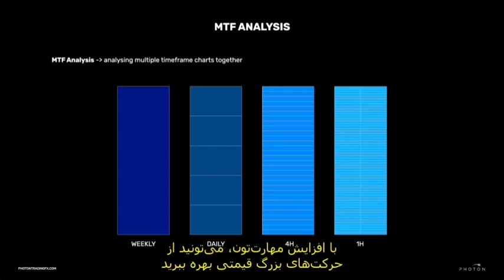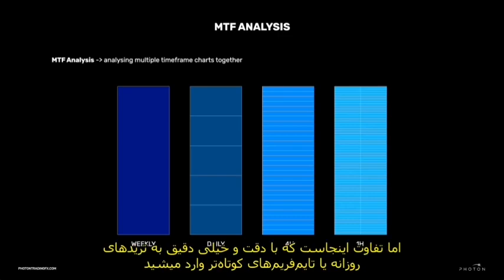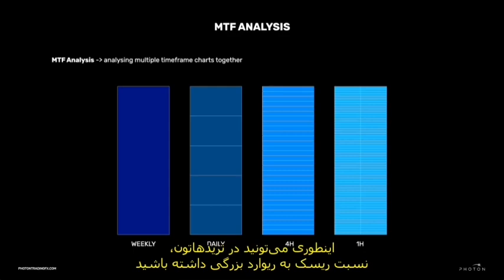Developing the skill is going to really allow you to capture those huge higher time frame moves, potentially those weekly or even monthly runs, but you are entering with the accuracy and the precision of timing your entry on the intraday timeframes, those lower timeframes, even all the way down to the seconds timeframes, and that's how you achieve those huge risk to reward trades.